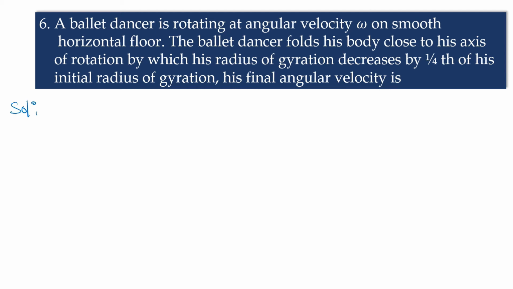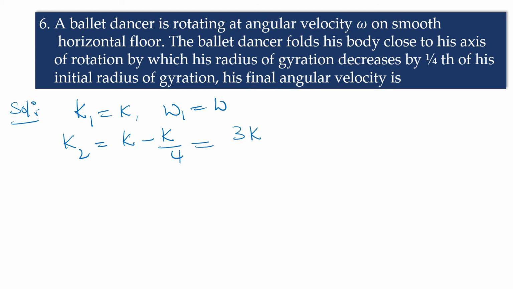Given k1 is equal to k and omega 1 is equal to omega, and k2 is equal to decreases by 1 by 4, nothing but k minus k by 4. So that is equal to 4k minus k, 3k by 4. Omega 2 is what we have to calculate, the final angular velocity.